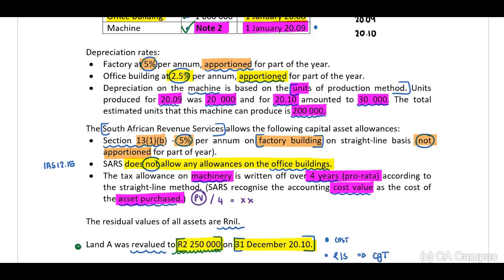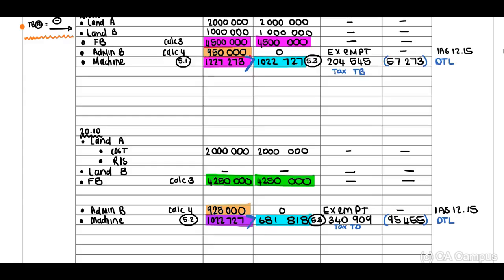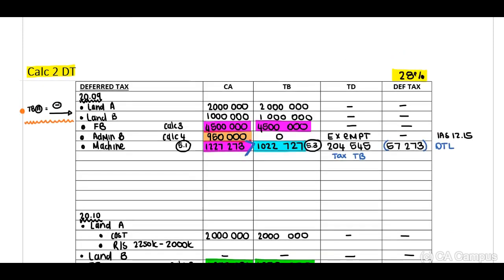Now let's transfer this. Remember, this is land A. 2010 land A. Indicate your calculation 2,250,000 minus 2,000,000, and then remember to include your abbreviation, the meaning of this for your marker to be able to follow.